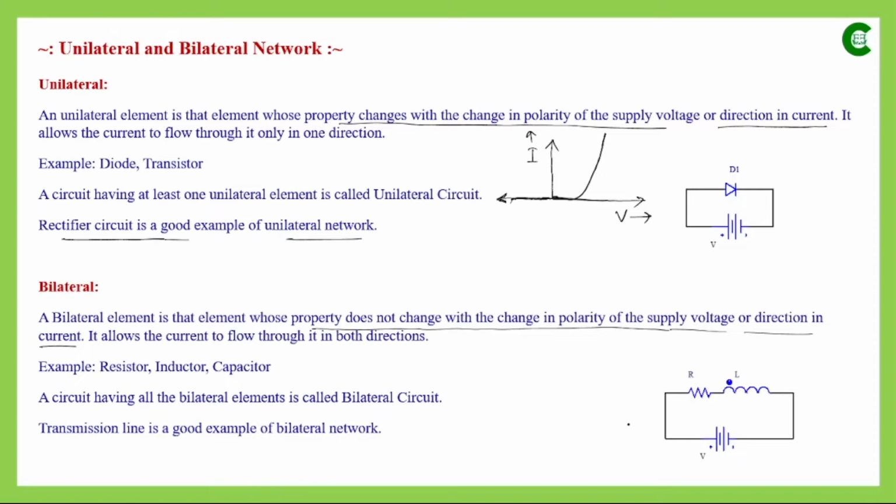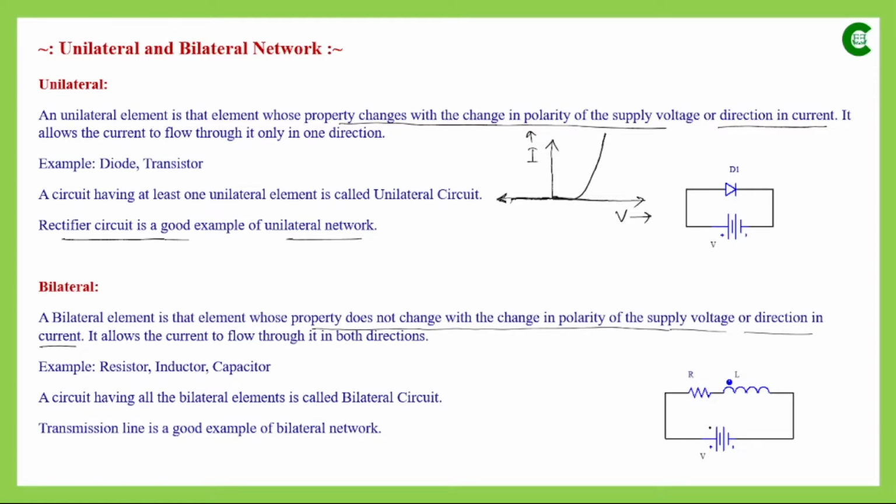As an example, we can take this circuit where we have a resistor and an inductor, and we are energizing that circuit by a voltage source with this polarity. Now even if we change the polarity of this voltage source, the amount of current that flows through this circuit will be the same. There will be no change in the amplitude of that current.